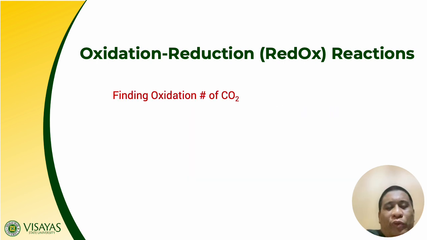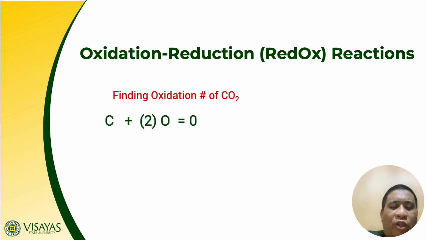Okay, so for example, we have here CO2 or carbon dioxide. When we try to find the oxidation numbers for each, we just need to remember a few of those rules. We know the rule for oxygen, that's negative 2. Then we can compute for carbon. We can start with an equation as shown here. We have the oxidation number of carbon plus 2 times the oxidation number of oxygen is equal to 0.